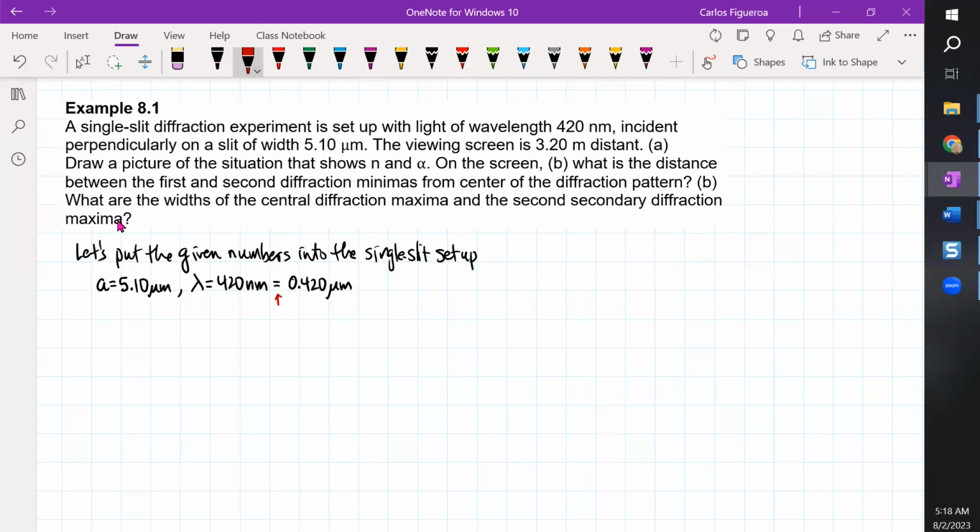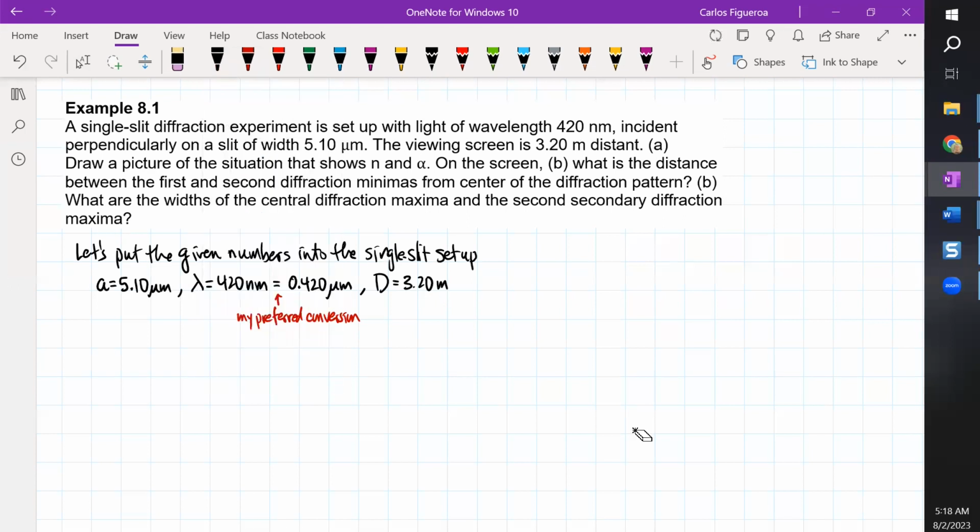This right here is my preferred conversion for light. And then finally, the screen distance, they tell us, is 3.2 meters away.